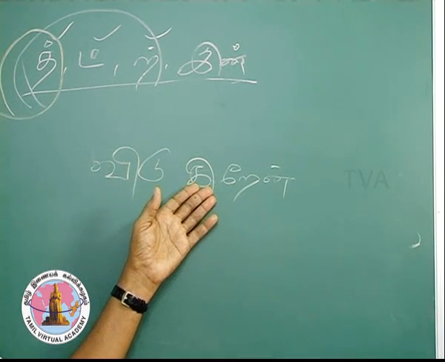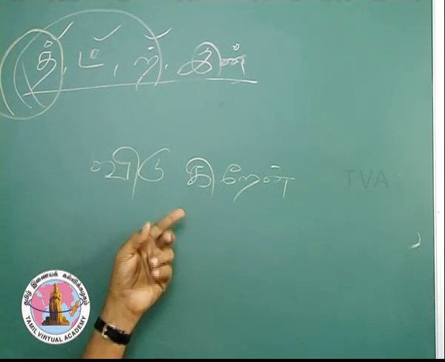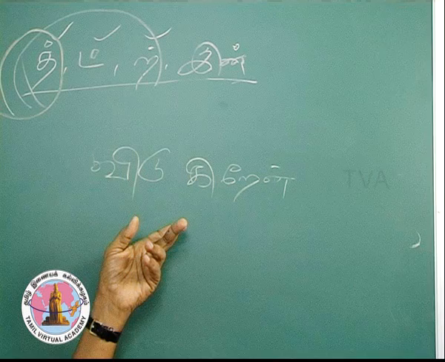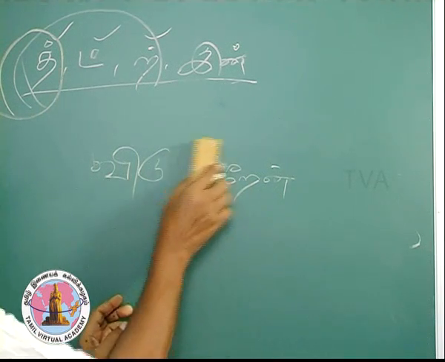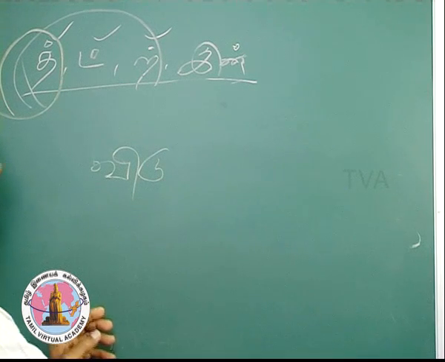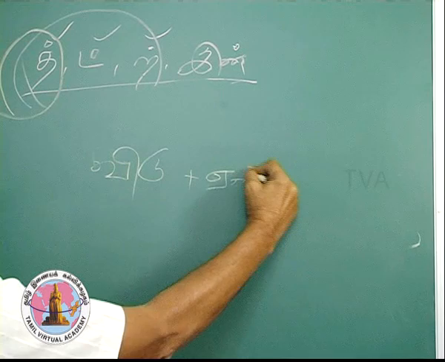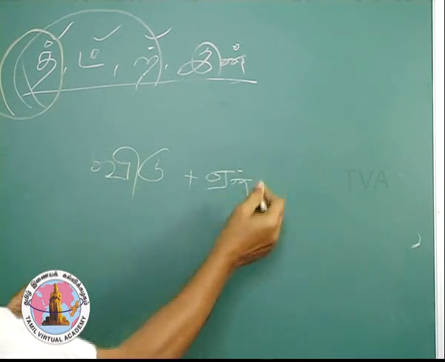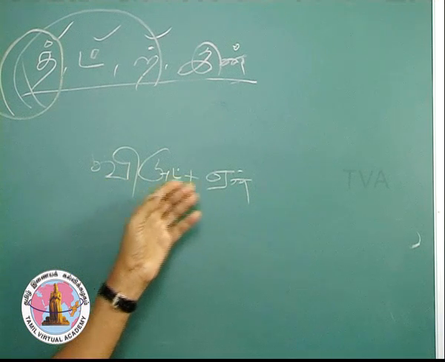"Vidugireen," present tense form. I repeat this present tense form so that you can remember both the forms together. And in the past tense, "vidu" plus "it" plus "ain."